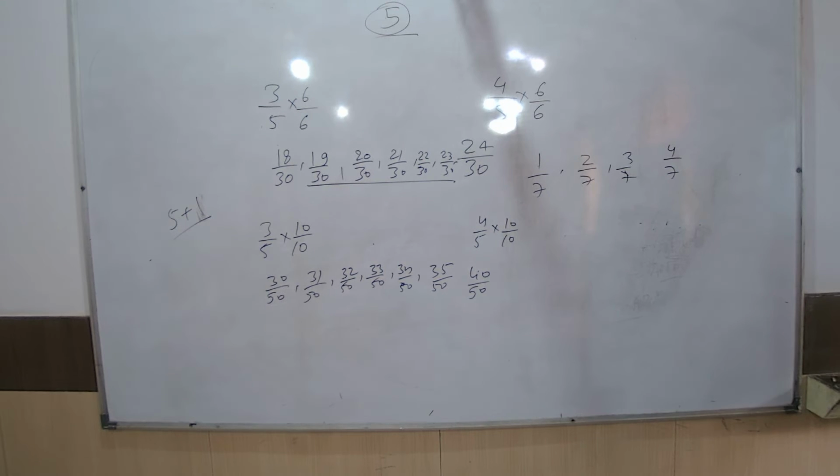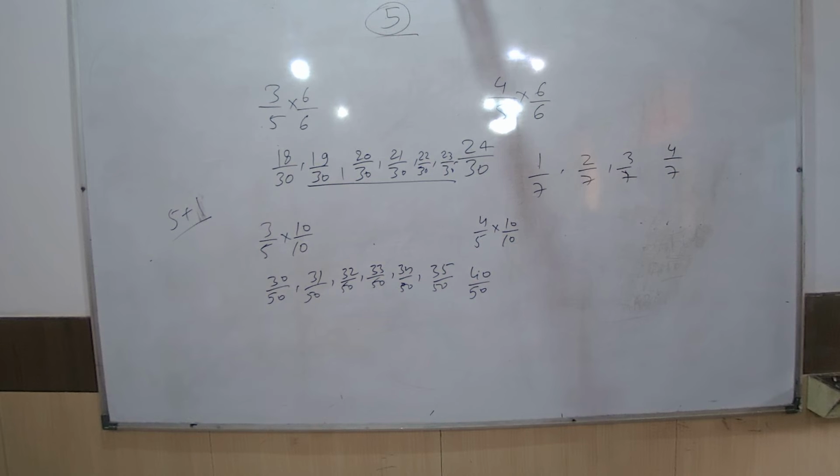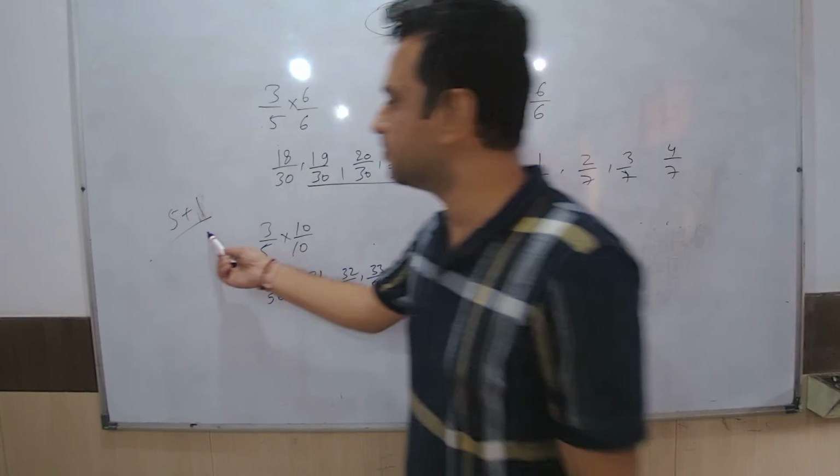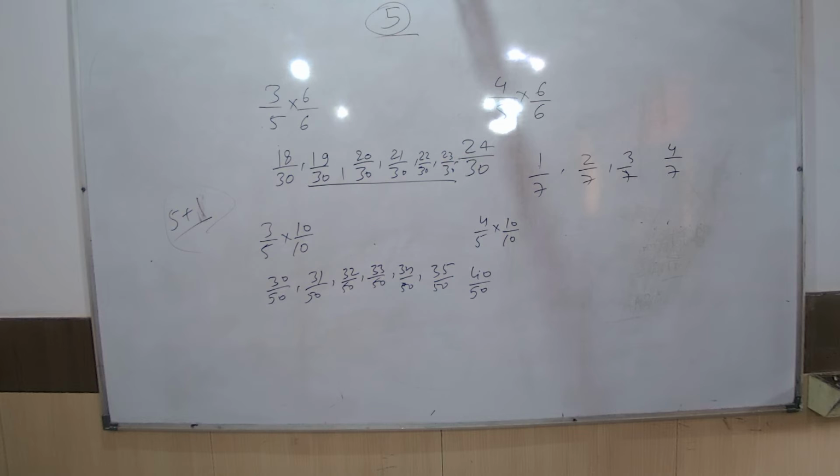Clear? Actually, if we want 5 rational numbers, we multiply with 5 plus 1, that is 6. If we multiplied with 5, and the answer comes 15 and 20, we would only get 4 rational numbers. So we have to multiply with 6.